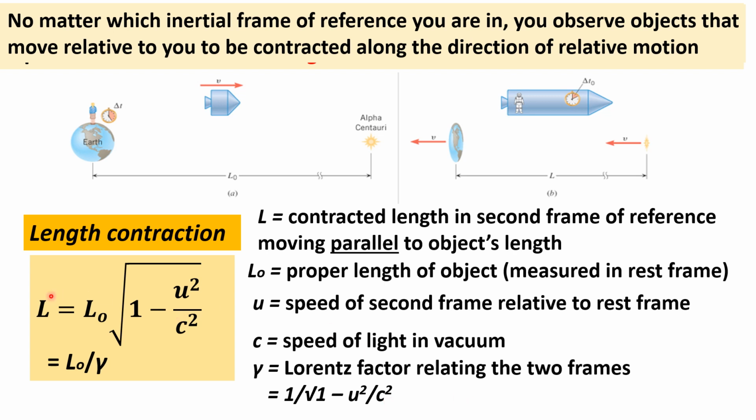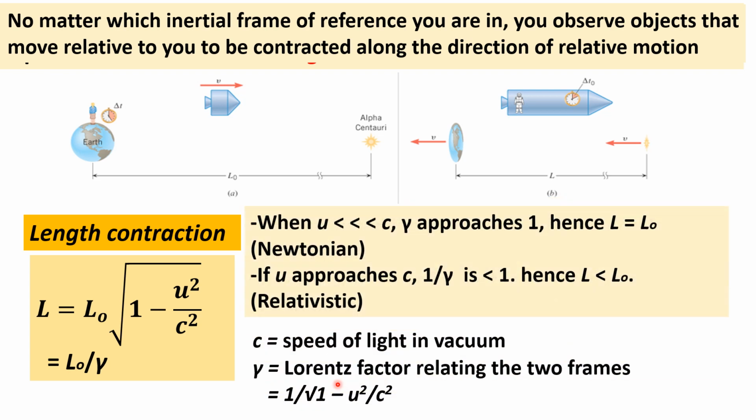Now, analyzing this length contraction formula, we say that when the speed of the object u is very much smaller compared to the speed of light, it can be deduced that the Lorentz factor gamma approaches 1, right?